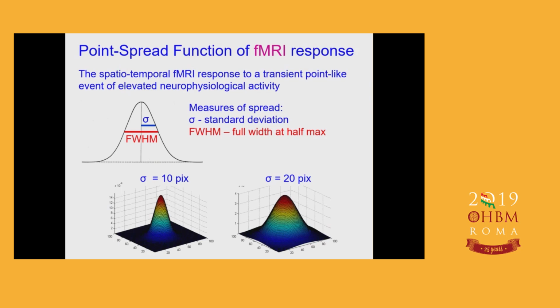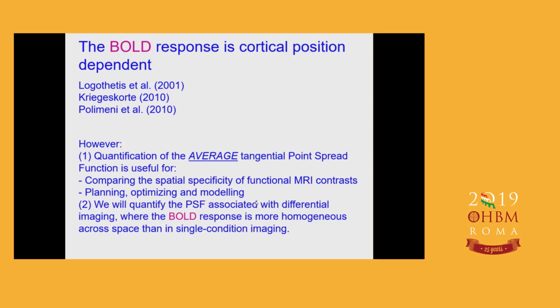The point spread function can be defined as the spatiotemporal fMRI response to a transient point-like event of elevated neurophysiological activity. Measures of spread are usually the standard deviation or full width at half max of the Gaussian, and obviously when the standard deviation is larger, the Gaussian is wider and represents a lesser spatial specificity.